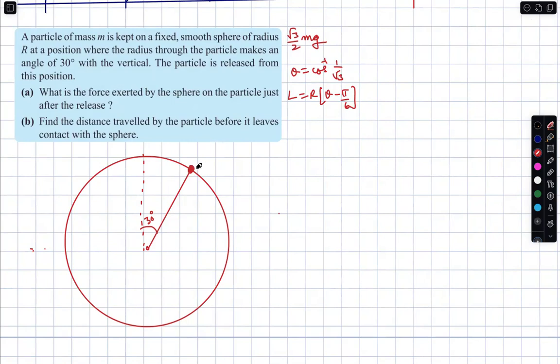Just release. What is the force exerted by the sphere on the particle just after the release? This is mg, this is theta, this is mg cos theta, and this is the normal reaction. So you are asking me about the normal reaction, which is mg cos theta, which is nothing but root 3 by 2 mg, since cos 30 is root 3 by 2.